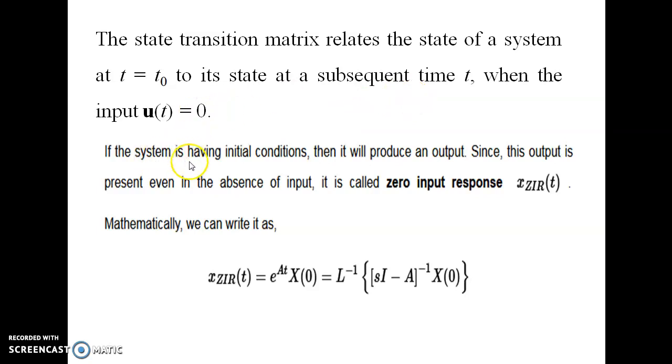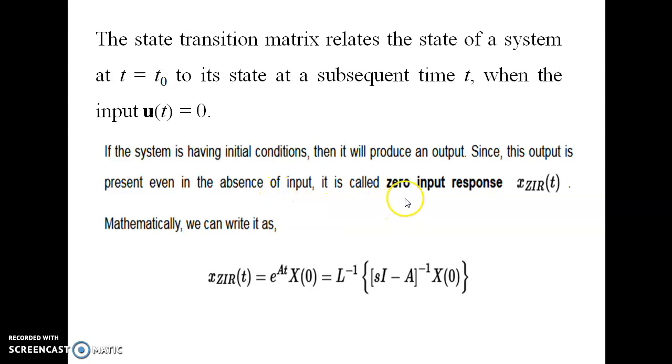Actually, if the system has some initial conditions, then it will produce an output. Since this output is present even in the absence of an input, it is called a zero input response, because here we have written that input is equal to 0. So there is an output even in absence of an input.